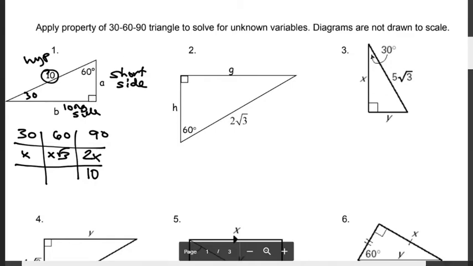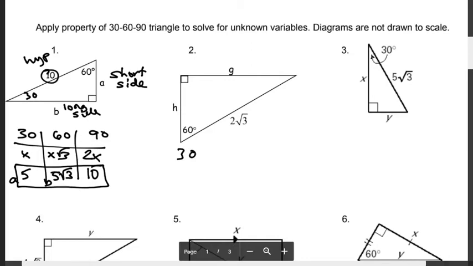So if I have 10 for 2x, then that means x has to be 5, because when I multiply that by 2, I get my 10. And then once I have x, it's pretty easy to get my 60 degrees. I just got to slap the radical 3 behind it. So right here is going to be my final answer. That means that a is going to be 5, and then b right here will be 5 radical 3. So that's how we have to solve these problems.